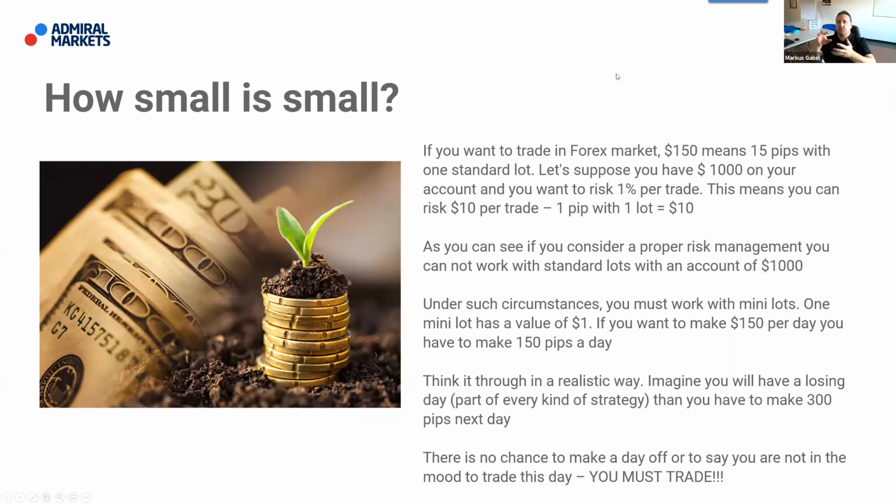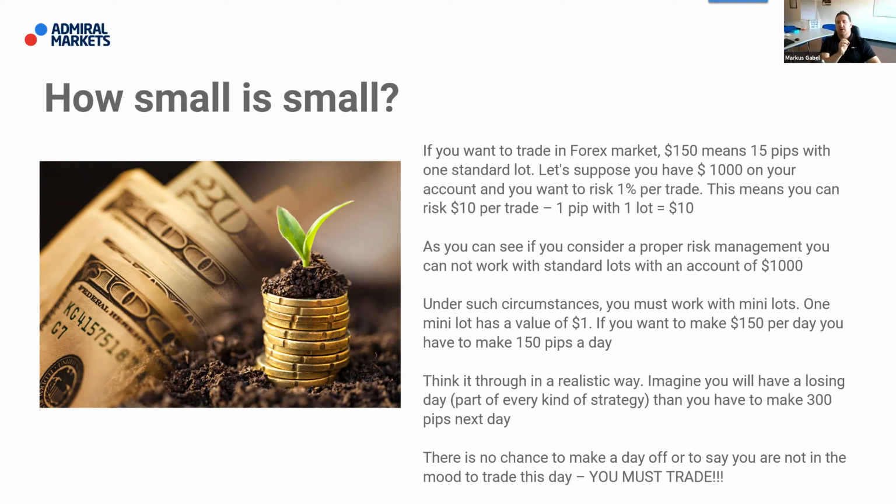So if you want to trade in Forex market $150, that means you need 15 pips, price interest points, with one standard lot.